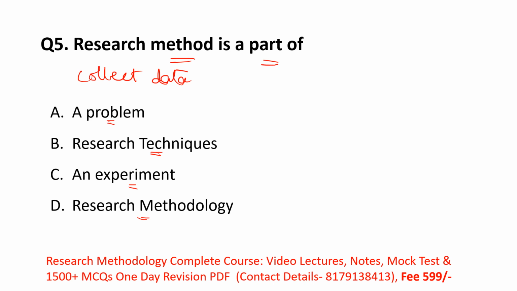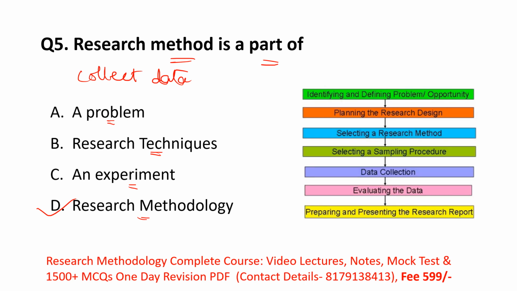So this is a research method. Basically, research methods are the different methods in research which are used to collect data. So what are they asking? Research method is a part of research methodology, because in research methodology you perform different steps. In the first step you define your problem, then you plan how you are going to do your research, a planning blueprint.